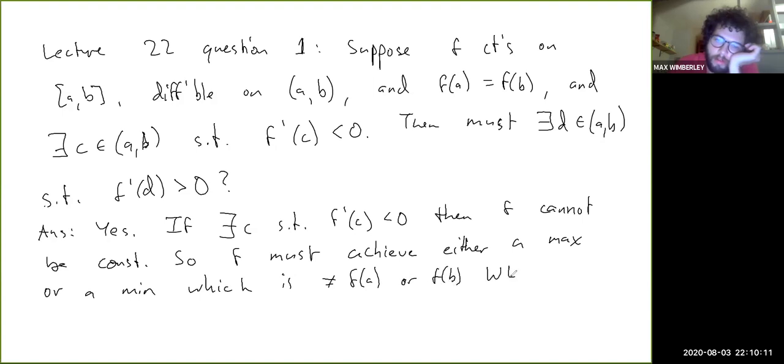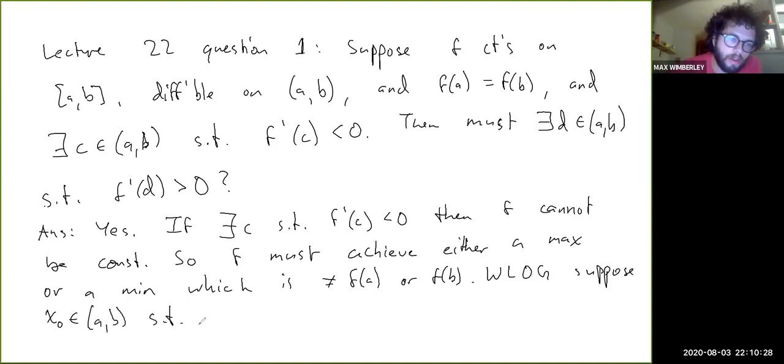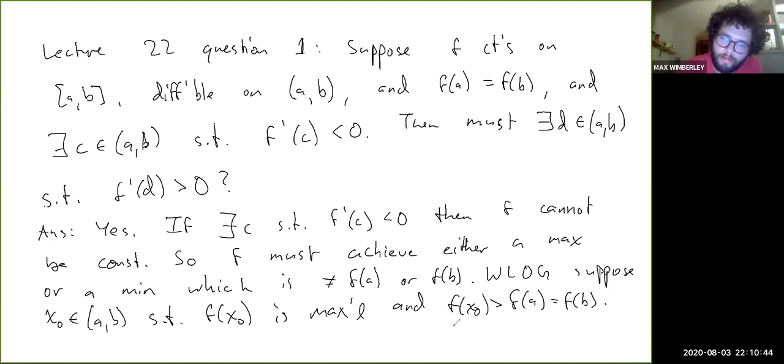Without loss of generality, suppose x naught is a point in (a, b) such that f of x naught is the maximum, and f of x naught is greater than f of a and f of b.